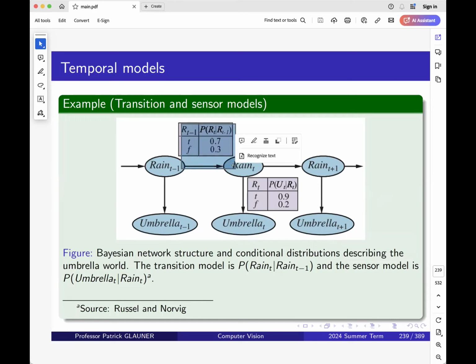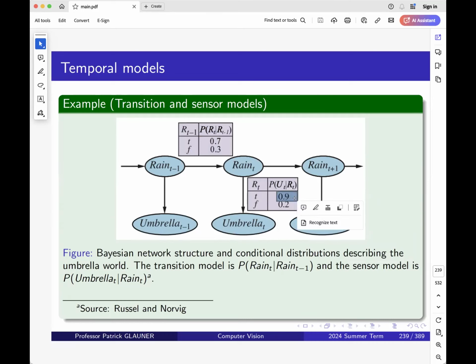And we saw what these transition tables mean. For example, this table here means that the probability of an umbrella given rain is 0.9, and when there is no rain, the probability of an umbrella is 0.2.